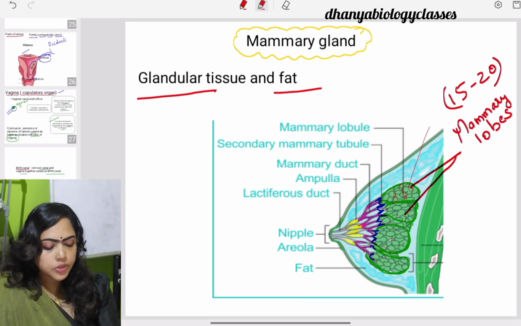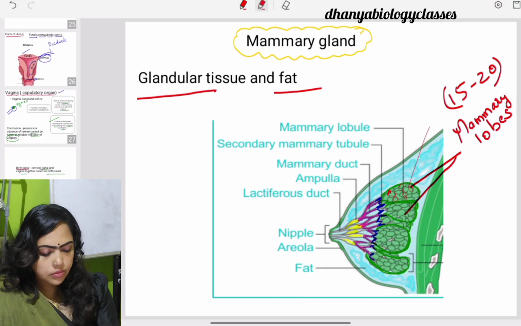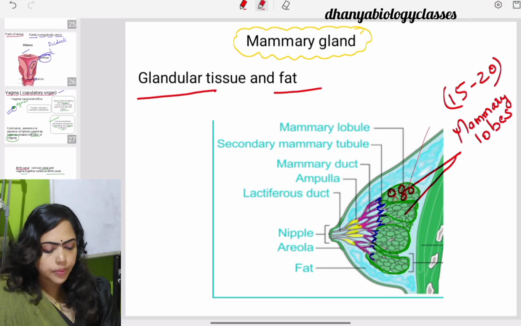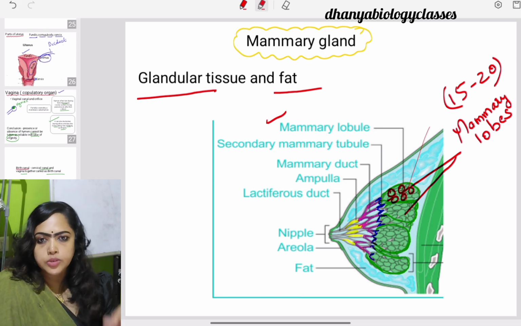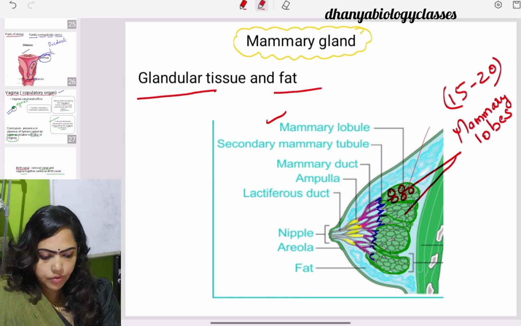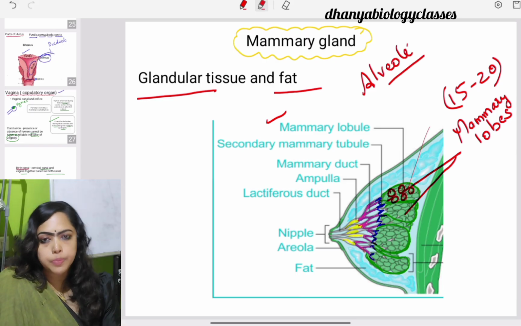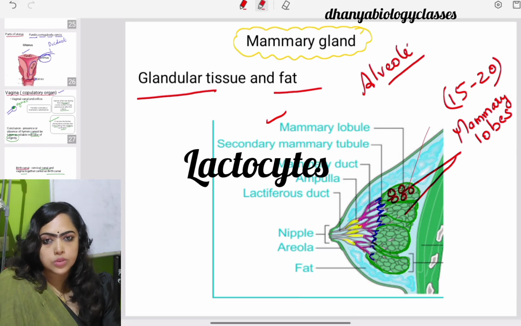And these mammary lobes carry what? Mammary lobules. Okay. And these mammary lobules carry sac-like structures called alveoli. And these alveoli carry milk-producing cells called lactocytes.